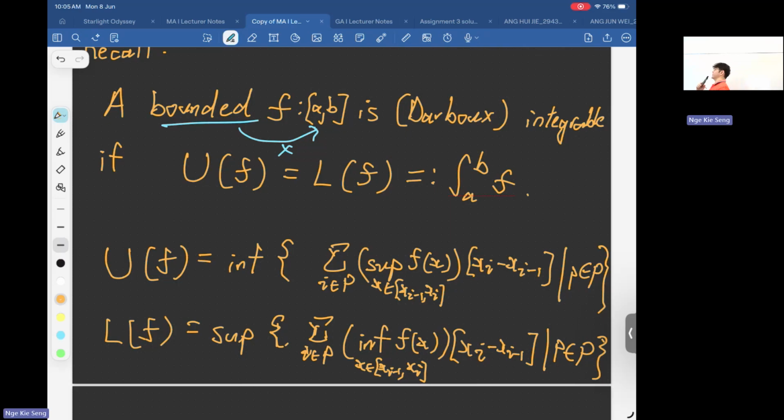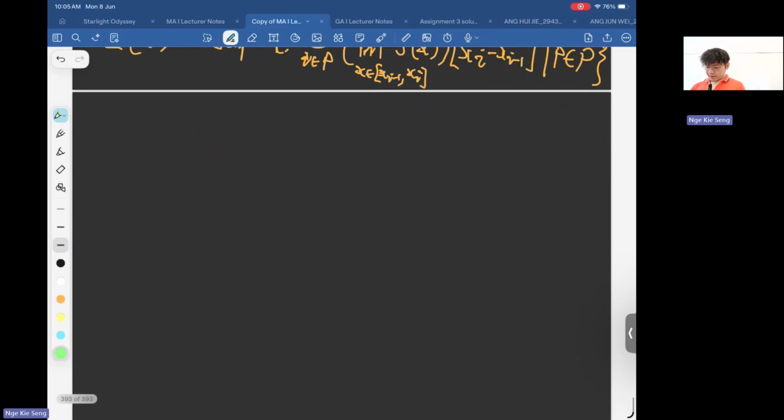So I'm trying to tell you that there are some inf and sup ideas we are looking for. Maybe we start with a non-example. Last time I think we discussed that this function is not integrable.